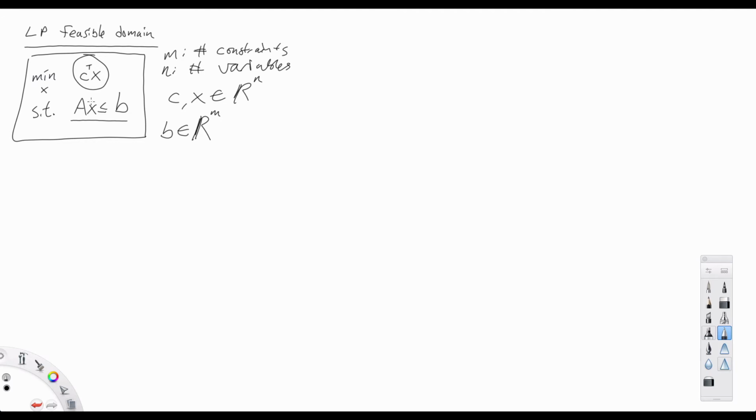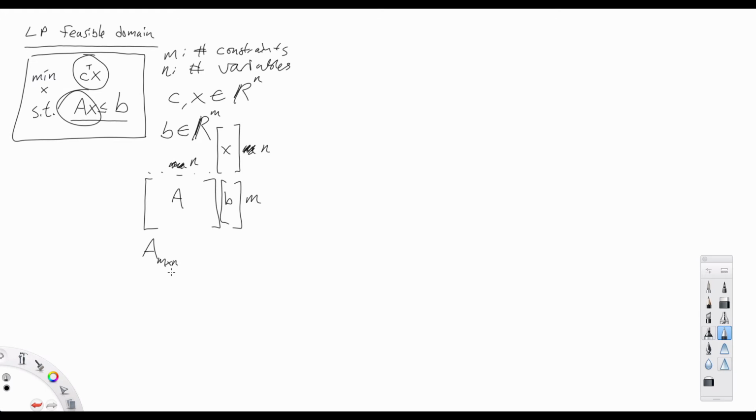And then if we're thinking about this multiplication, A times x, and that's going to have length b. So say this is b, this is A, this is x. Length of x is n, and the number of columns in A is going to need to be consistent with x, and then b is length m, and therefore A is the number of rows m by the number of columns n in dimension.